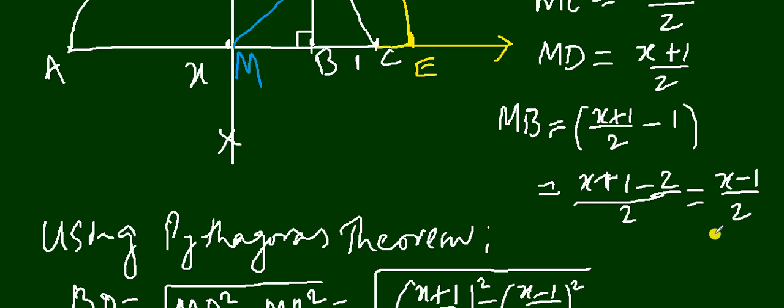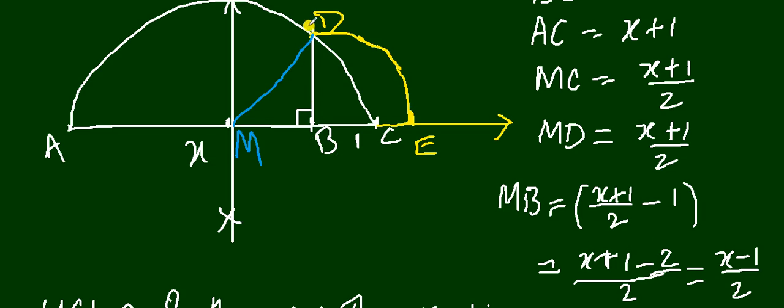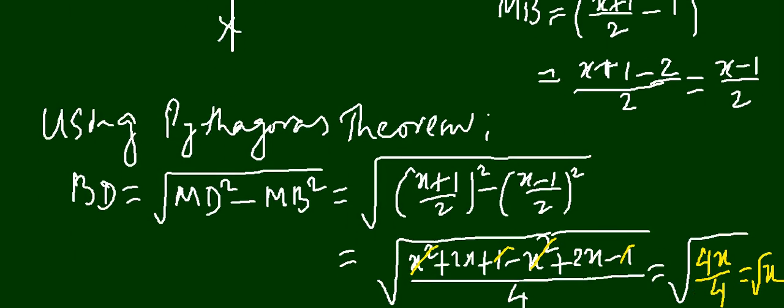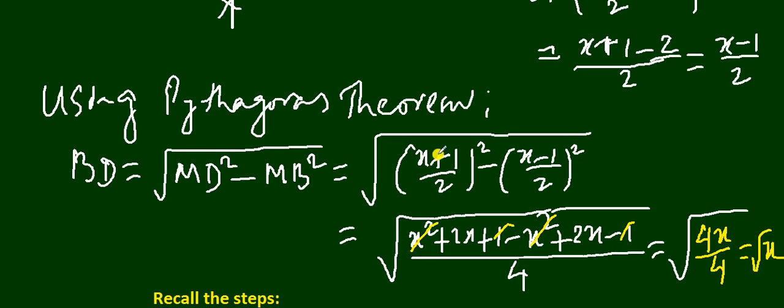Then the next step is using Pythagoras theorem. We try to find BD. BD square is nothing but MD square minus MB square. So we just substitute the values and we get it like this. Then you do basic steps. I have expanded (x plus 1) square, minus, so all the signs inside the bracket will change.